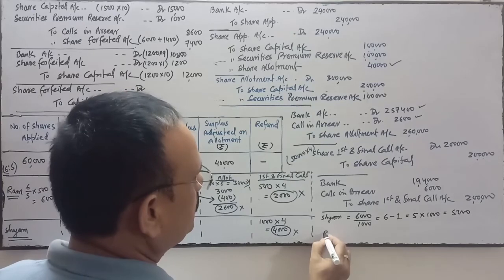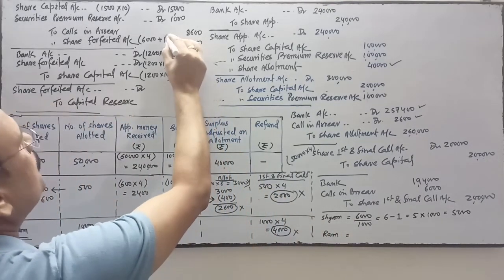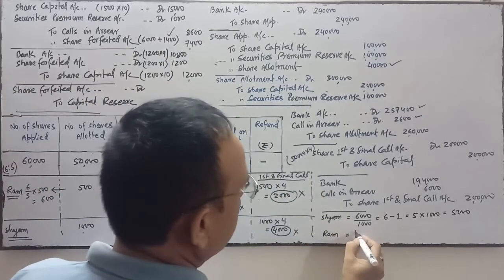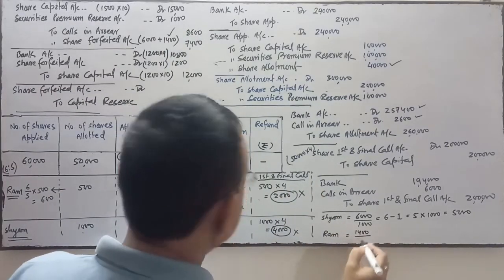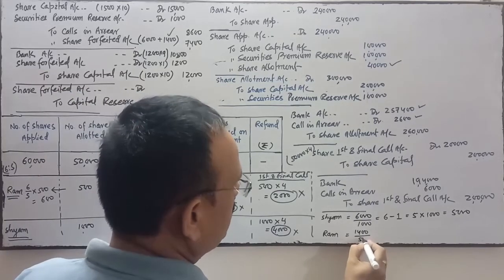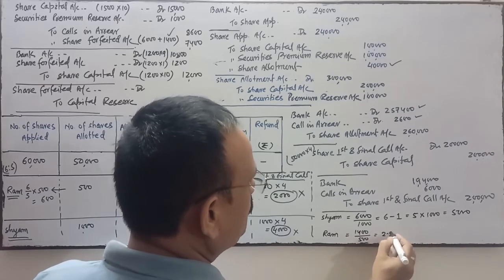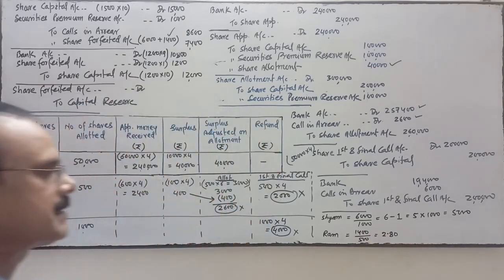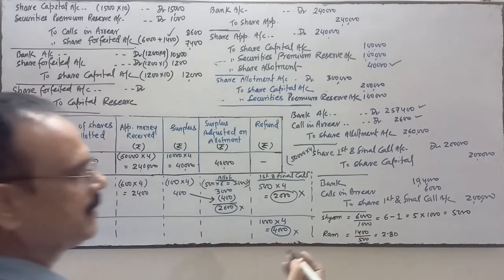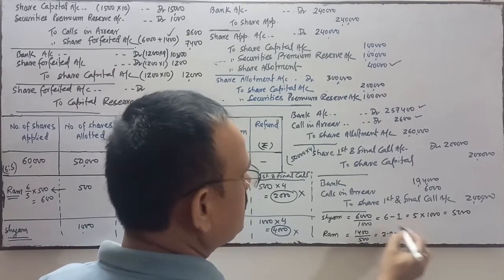Now come to Ram. Ram's amount forfeited by us is 1400 on how many shares? 500 shares. So divided by 500, you will get the gain per share. 2 rupees 80 paisa is the gain per share at the time of forfeiture. At the time of reissue, the loss is 1 rupee, same as Shyam.